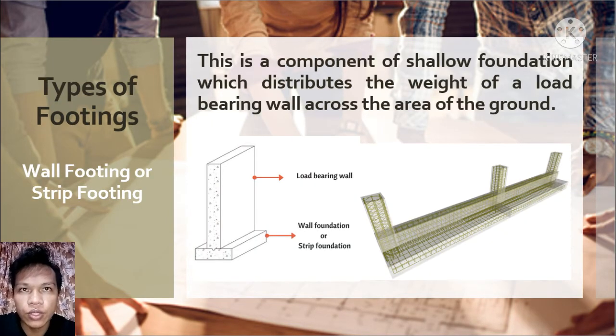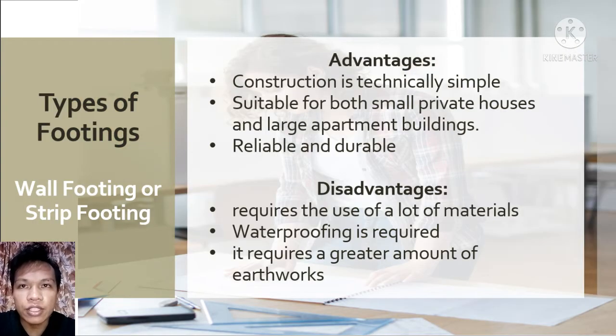Wall footing or strip footing. This is a component of shallow foundation which distributes the weight of a load-bearing wall across the area of ground. Advantages. A strip foundation has a number of advantages that make it the most popular one among all other types of foundations.